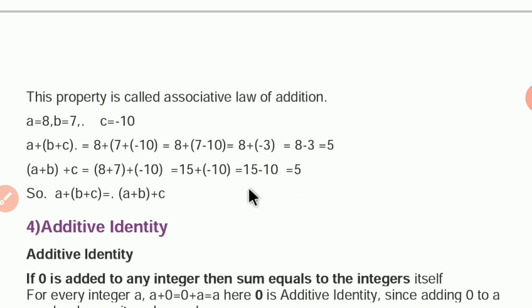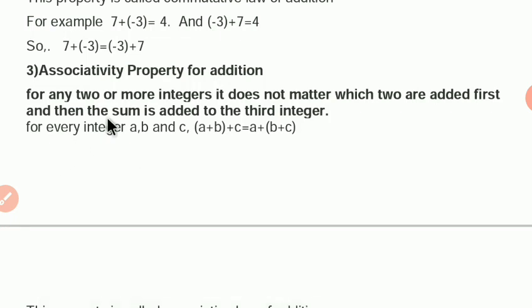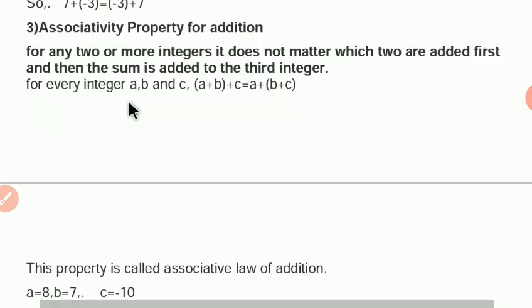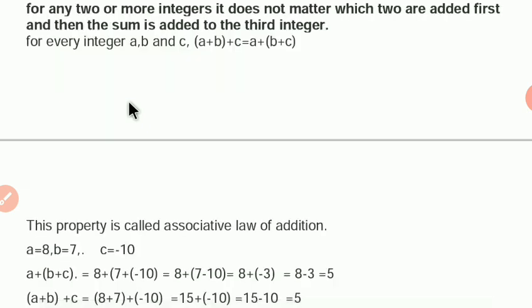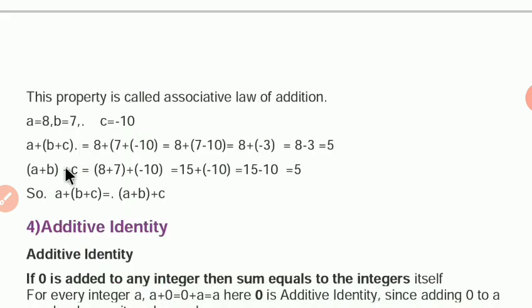So you can see that if we add any two integers first, it doesn't matter which are added first and the sum is added to the third integer. In this case we have added first the value of b and c, then the answer is added to the value of a. And in the next case, first we have added the value of a and b, then added to c.